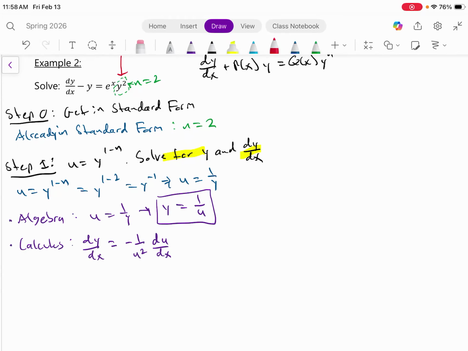So, in case you're unconvinced, you would bring this up to the top. Power rule, it'll be negative 1 u to the negative 2, which is just negative 1 over u squared, in case you're not convinced.